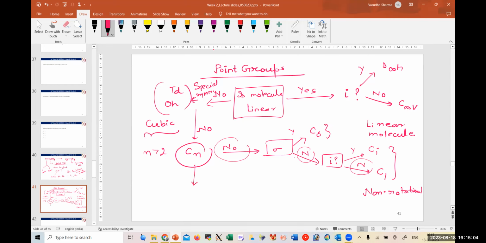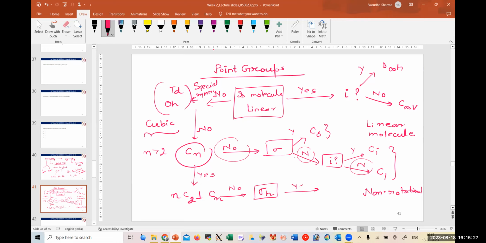Now, if we have Cn, then the next question: do we have n C2s perpendicular to this Cn? For example, if C3 is the main axis, whether three C2s are there or not. If the answer is no, then see whether it is having sigma h.